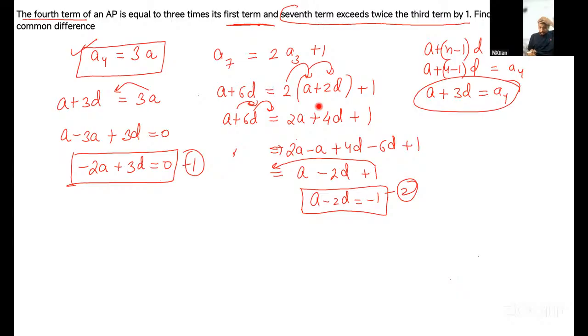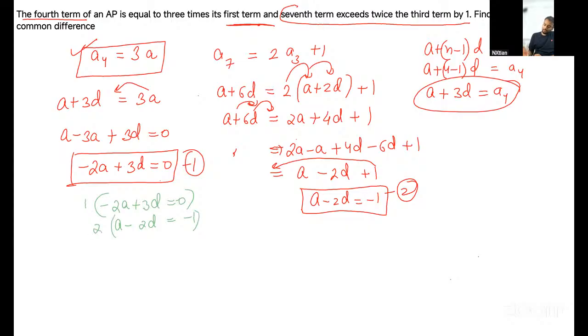So now we got these two equations. Now we have to solve them by the elimination method. The first is minus 2a plus 3d is equal to 0. The second is a minus 2d is equal to minus 1. So I will multiply this equation by 1 and this equation by 2.